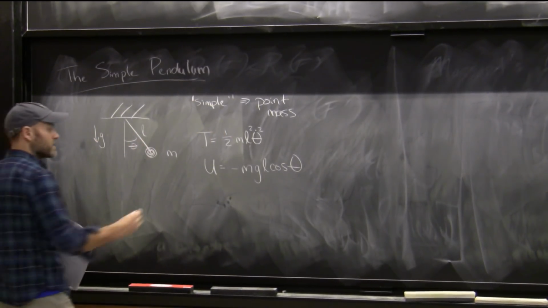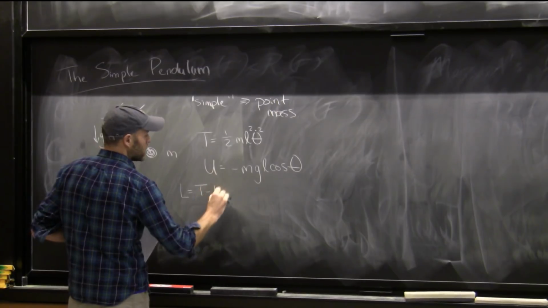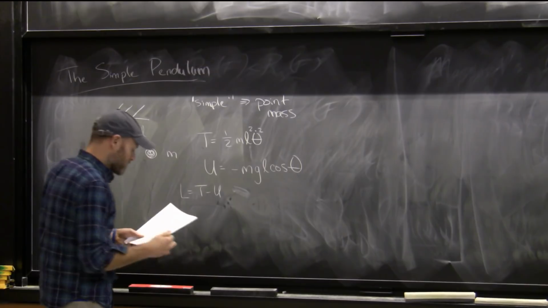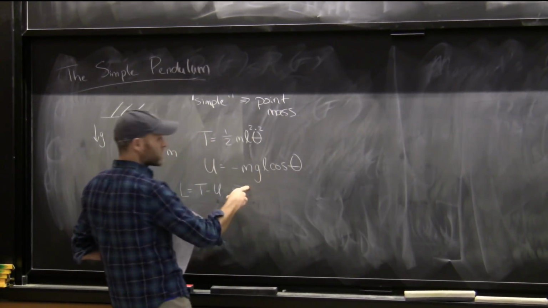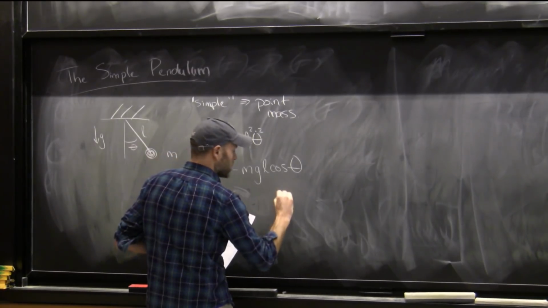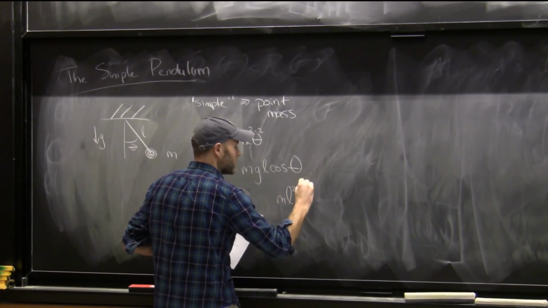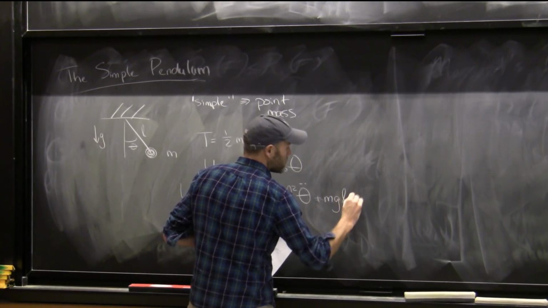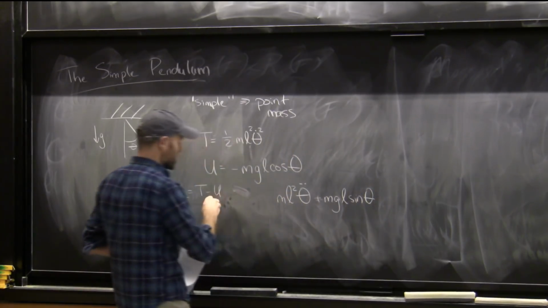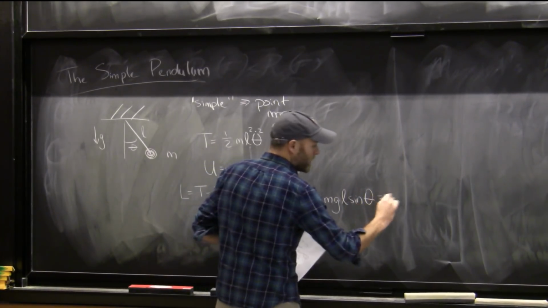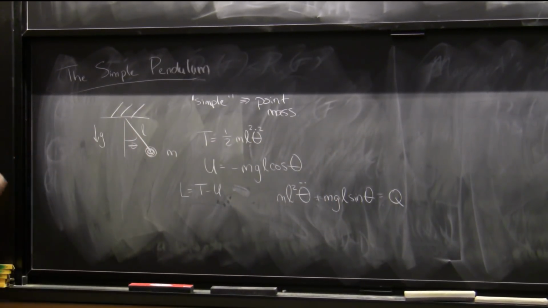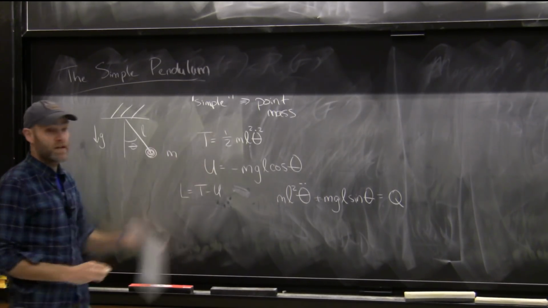So if I write my Lagrangian and turn the crank, and I do my Lagrangian formulation, then the thing that comes out is just one equation, because there's only one variable this time. And it's one you might have seen before: ml squared theta double dot plus mgl sine theta. That comes from the potential terms. And that equals my generalized force or torque, which I've been calling Q so far. So that's what comes out of the Lagrangian.